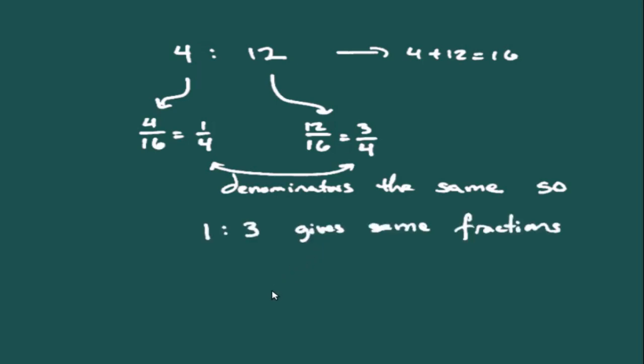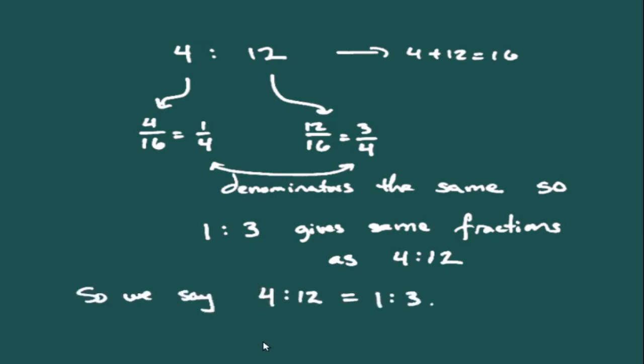We can just look at the numerators as the numbers that would be in our new proportion. So for the first number, we would replace it with 1, and for the second number, we would replace it with 3. So our proportion 1 to 3 gives us the same fractions as we would have with the proportion 4 to 12. And that's why we end up saying that 4 to 12 is equal to 1 to 3.